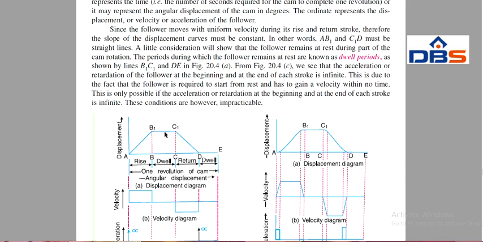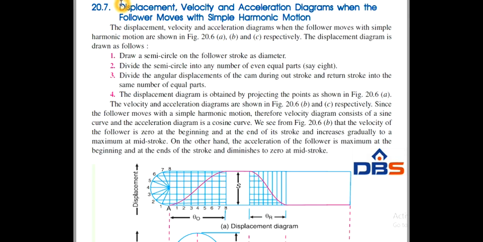Now we are discussing the displacement, velocity and acceleration diagram when the follower moves with simple harmonic motion. To draw these diagrams, follow four steps. First, draw a semicircle on the follower stroke as diameter and divide this semicircle into 8 equal parts.